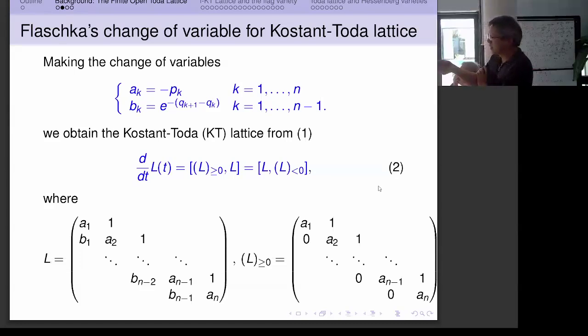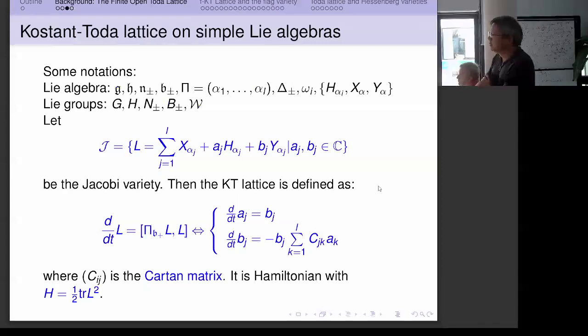The ones are at the positions of the positive simple roots, and the a_i's are on the diagonal, which means you can generalize to Lie algebras with elements in the Cartan, and the b_i's are at the negative simple roots.